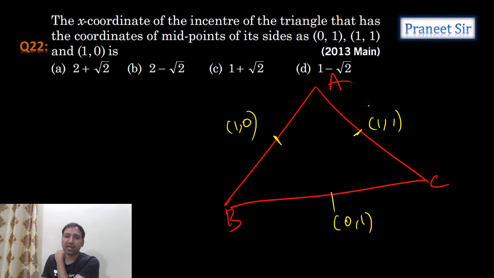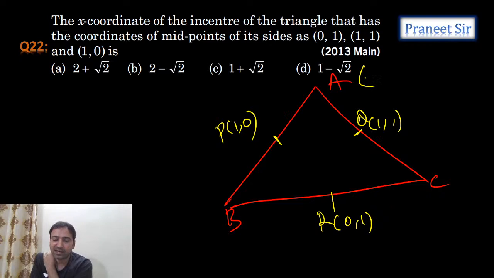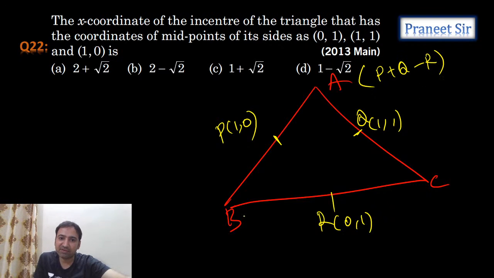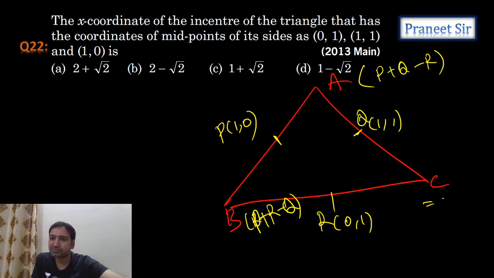Suppose we take these as P, Q, R. Then vertex A is P plus Q minus R, guys. In the same way, vertex B is P plus R minus Q, and vertex C is Q plus R minus P.